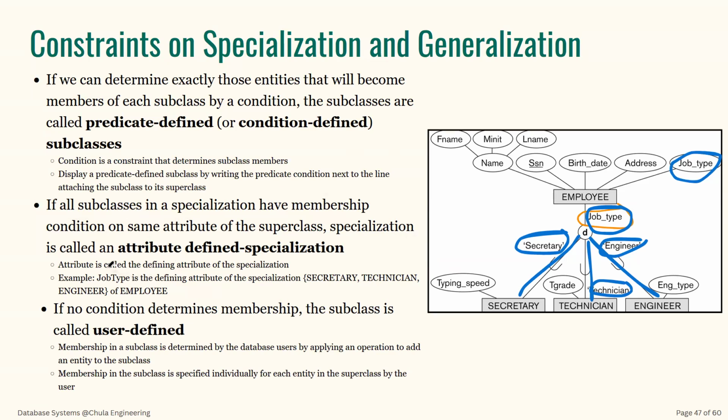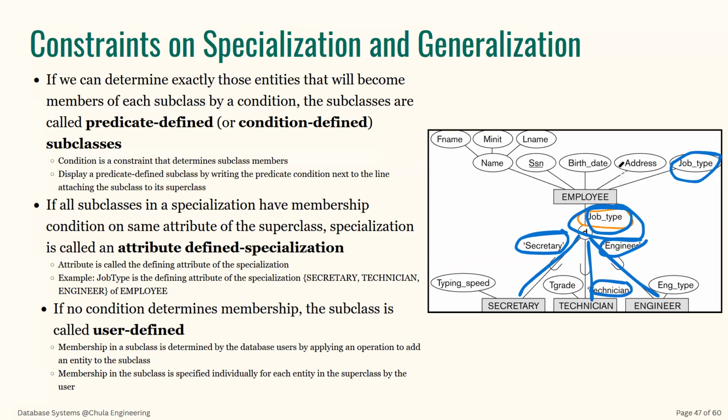The attribute is called the defining attribute of the specialization. Here, job type is the defining attribute, so this is an attribute defined specialization.